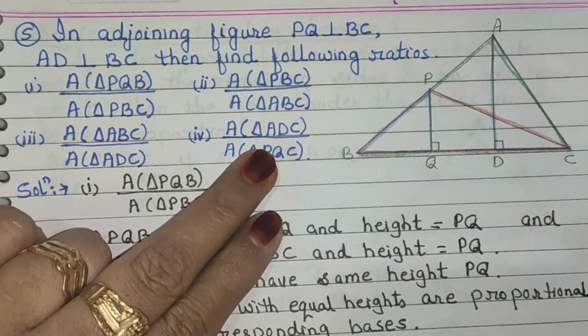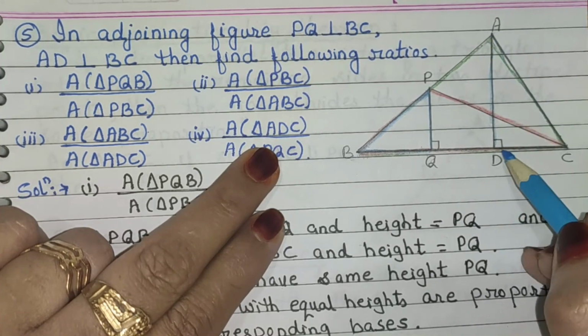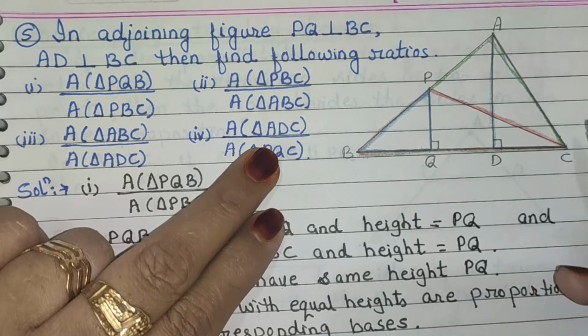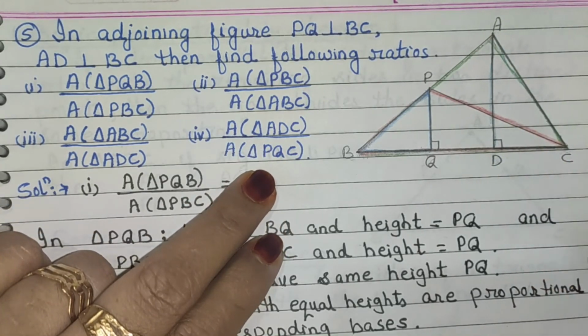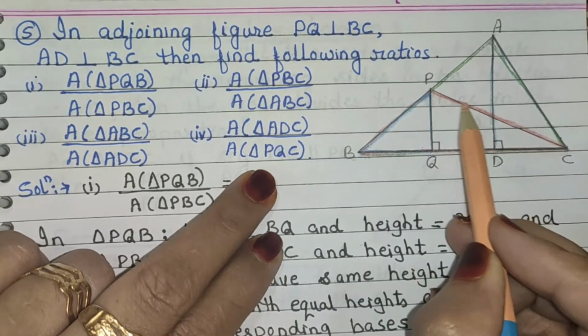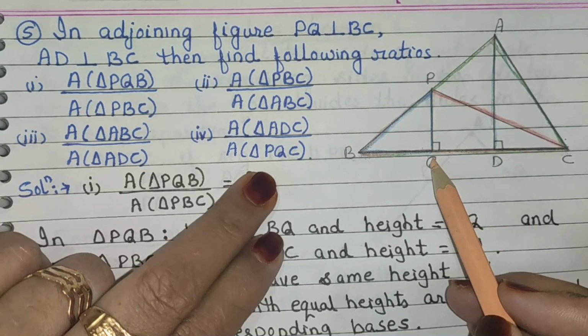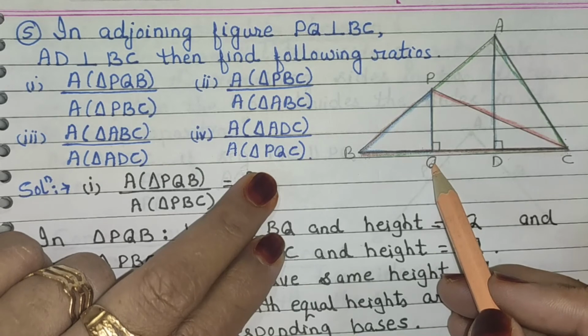Triangle ADC: base is DC and height is AD. And second one is PQC: here base is QC and height is PQ.